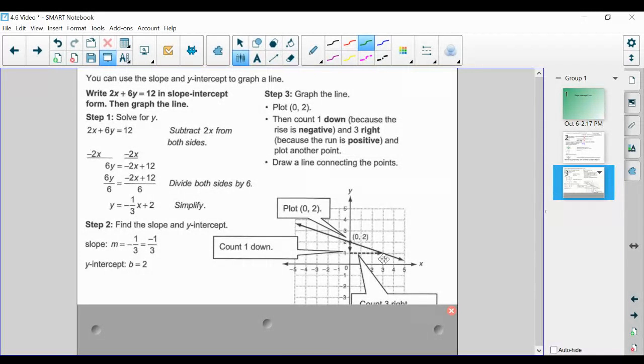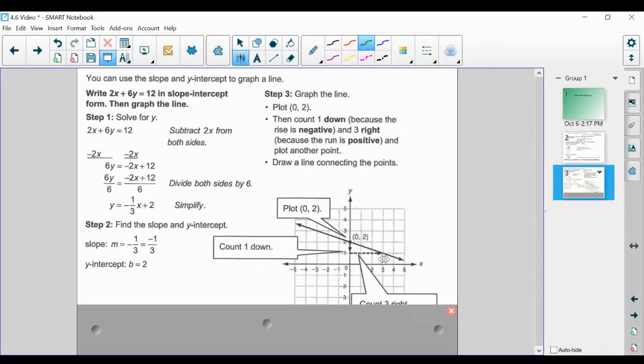So the first thing we do when we're trying to graph in slope-intercept form is make sure it's in slope-intercept form. If it's not, we have to rearrange that equation to get it into slope-intercept form. But once it's there, the order in which we graph this line is we plot the y-intercept. We know that coordinate point.